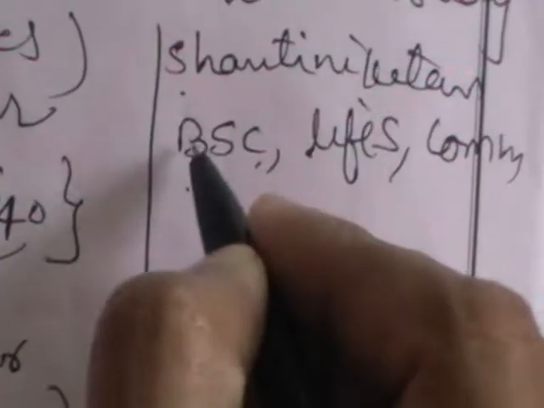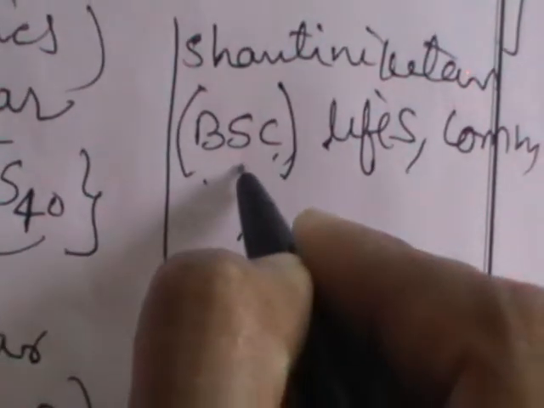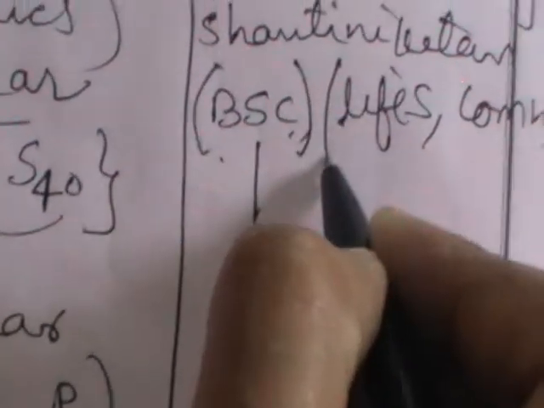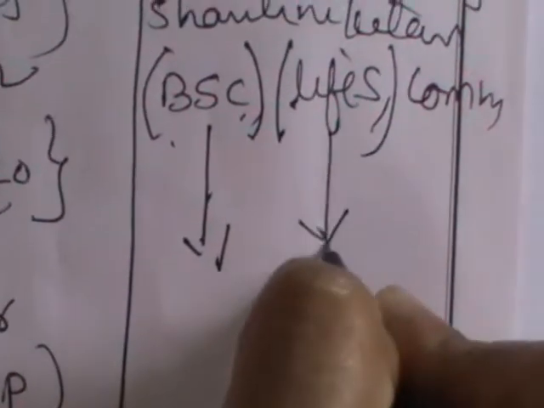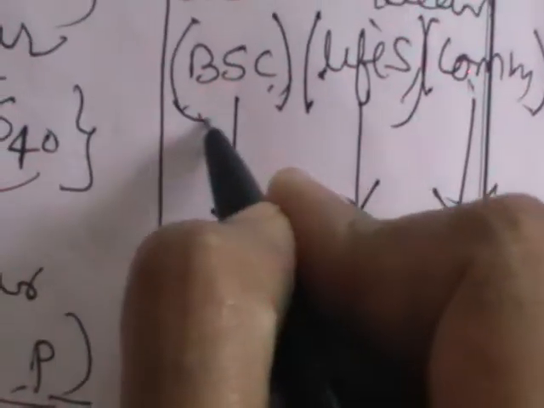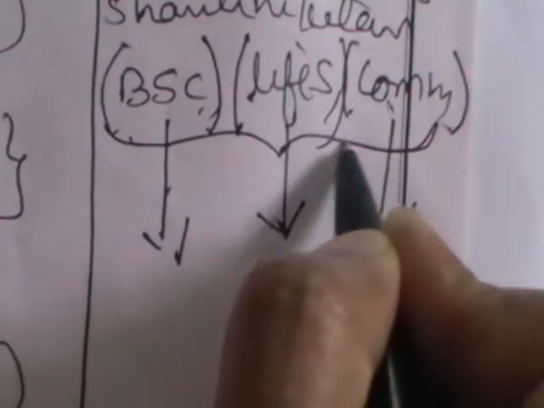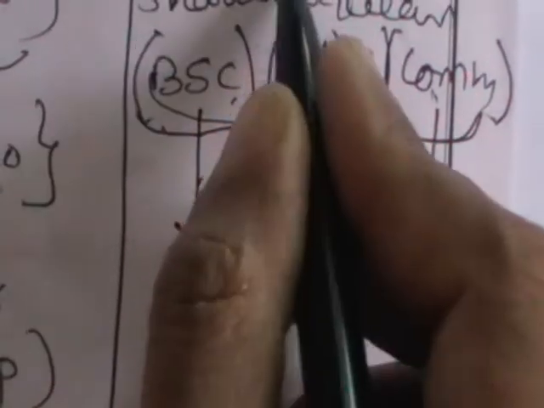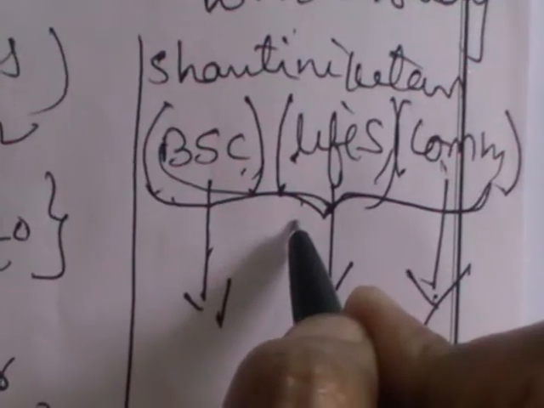So only BSc is going to be a homogeneous population, only life sciences is homogeneous, and commerce students are homogeneous. Whenever we take all of these together, it is going to form a heterogeneous population.